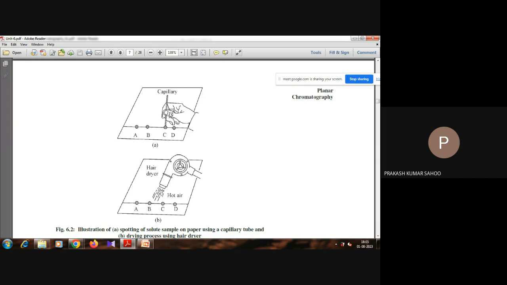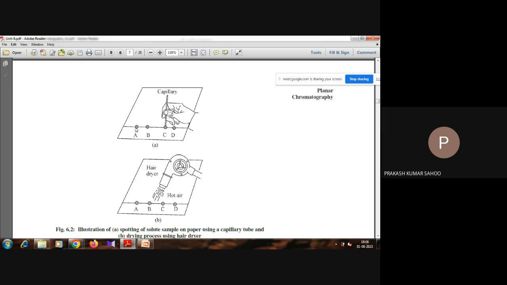Then we have to put one line just above the lower part of the paper, and with the help of a micropipette or capillary tube, we have to put our sample with a certain gap.